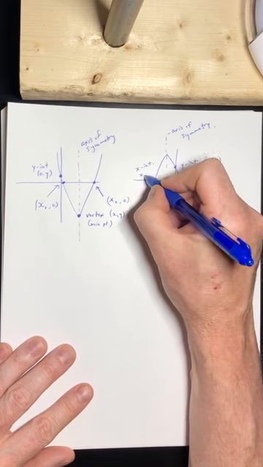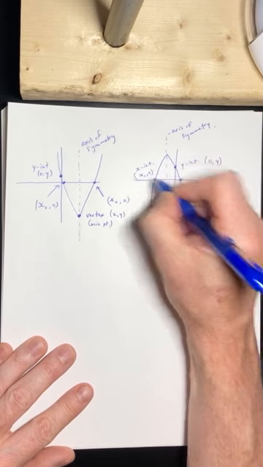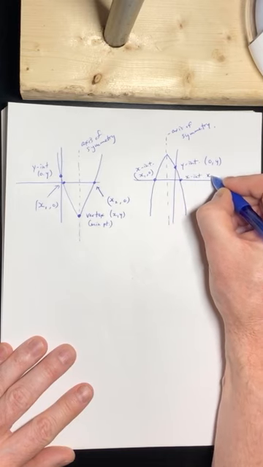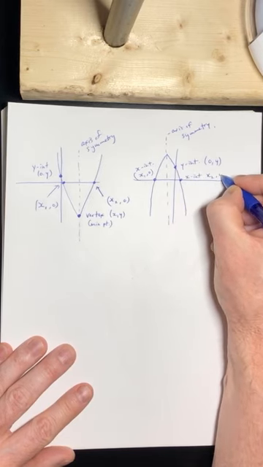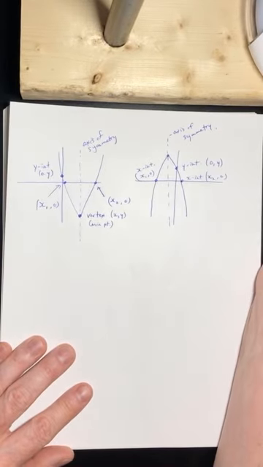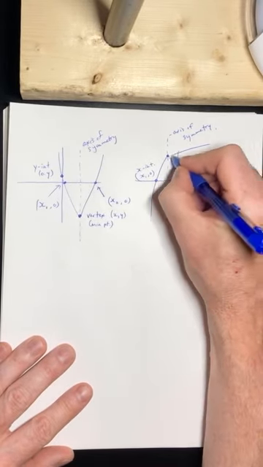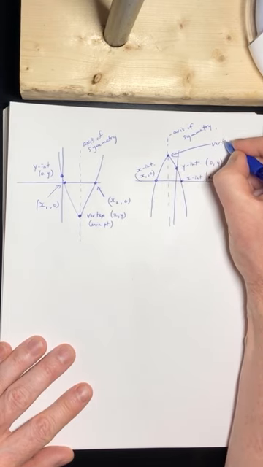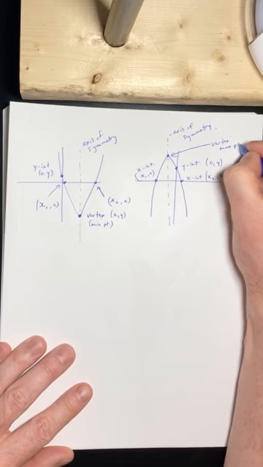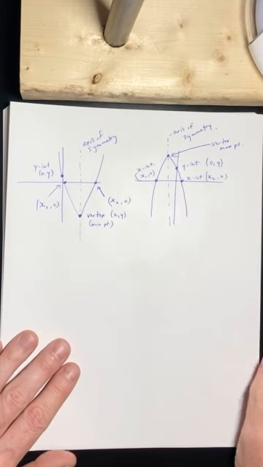This one is at x1, 0, and this x-intercept is at the second x value, 0. Our vertex up here is also our maximum point, or a maximum value. It's the highest value on that line.